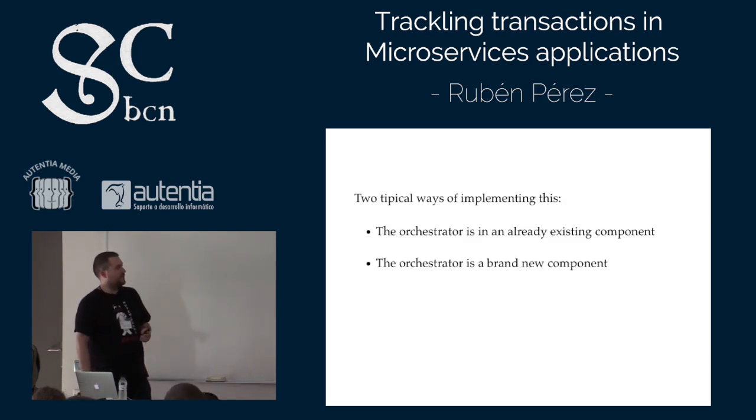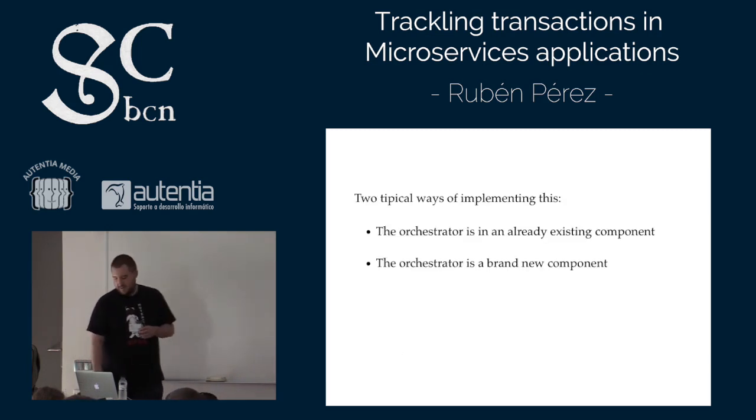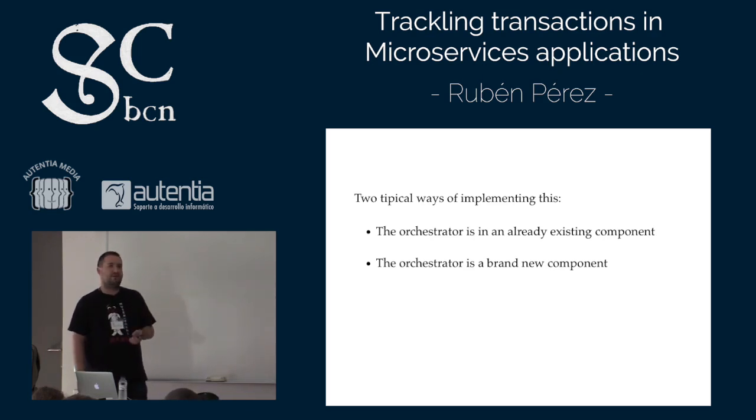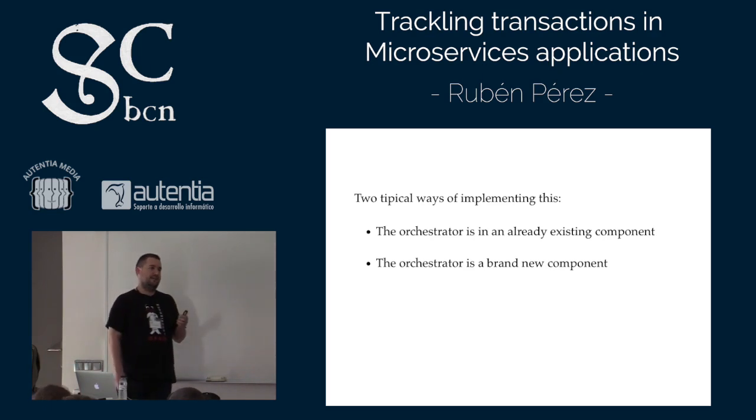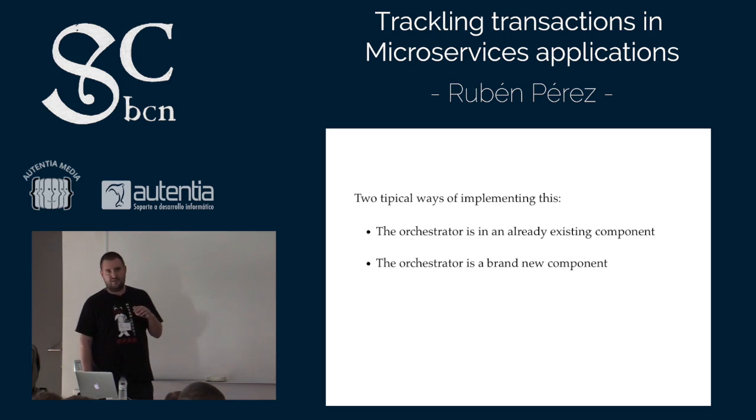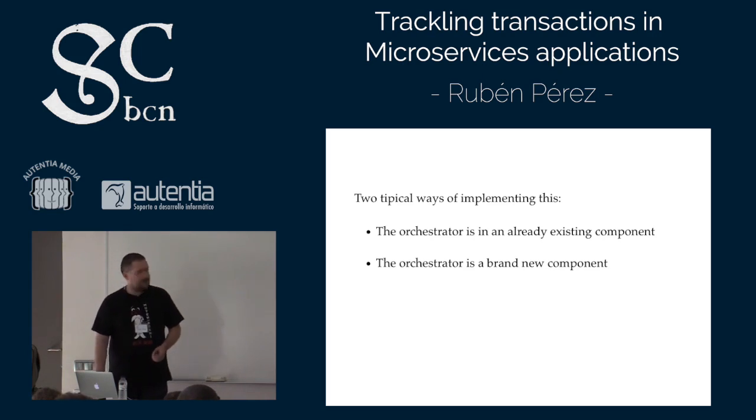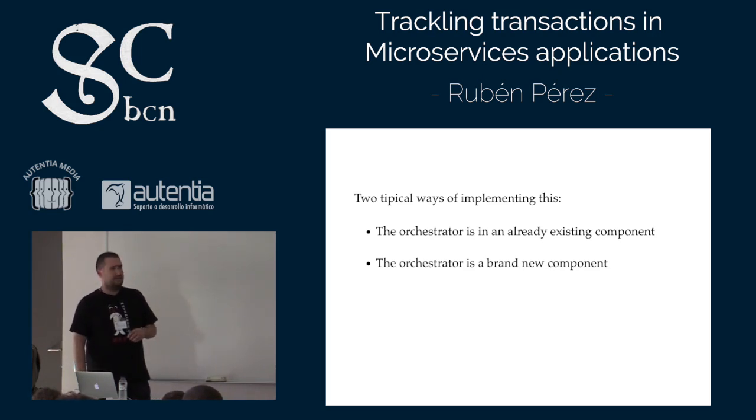So for the orchestration, there are 2 typical ways of implementing that. The first one would be that the orchestrator is an already existing component of your system. And you can see some examples of this from Chris Richardson. If you don't know, Chris Richardson is the guy that is in charge of Microservices.io. And also there's another option, that the orchestrator is a brand new component.